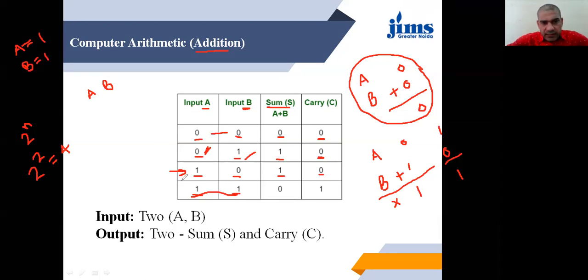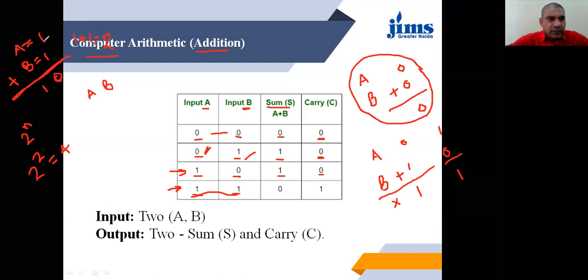When we add A plus B, 1 plus 1 is 2, as in decimal addition. 2 in binary is represented by 1 and 0.